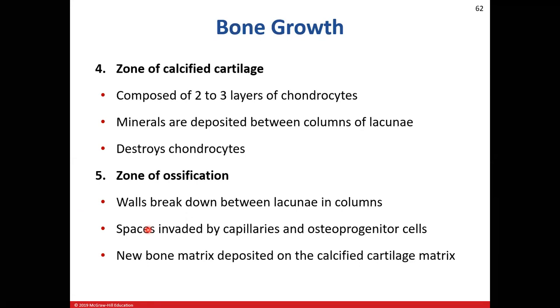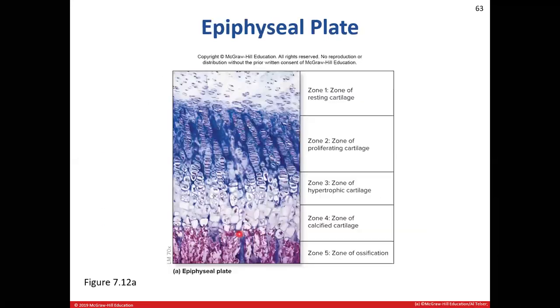Now the walls break down between the lacunae and the columns. The spaces are invaded by capillaries and osteoprogenitor cells, and new bone matrix is deposited on this calcified cartilage matrix. So now we're beginning to calcify this particular zone of the cartilage region.